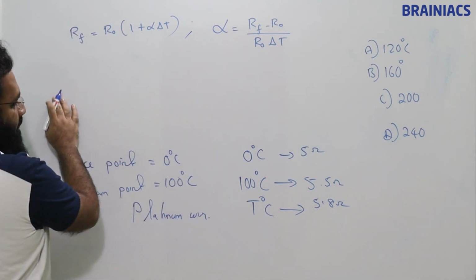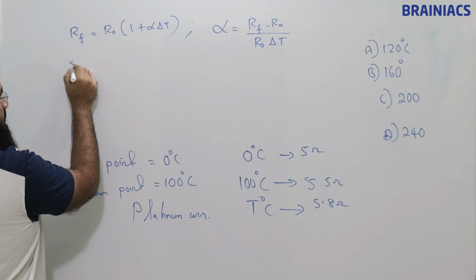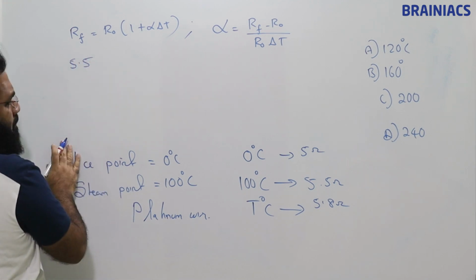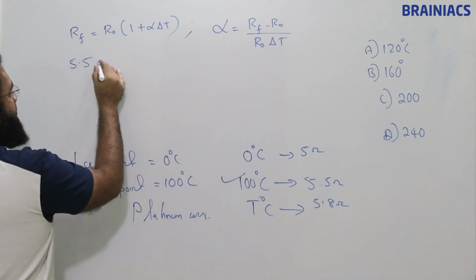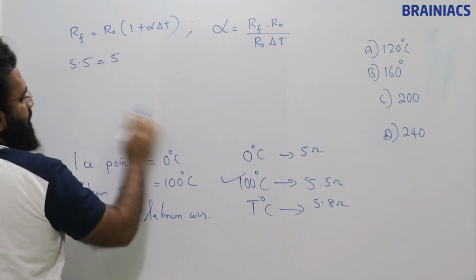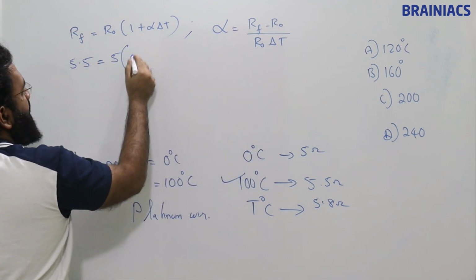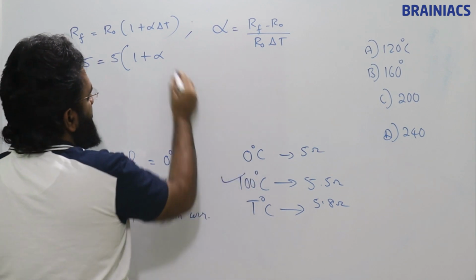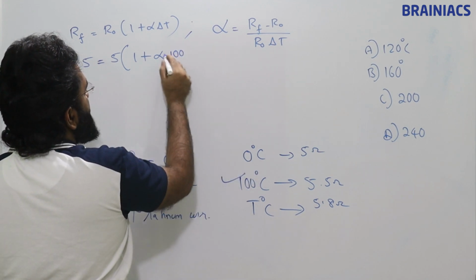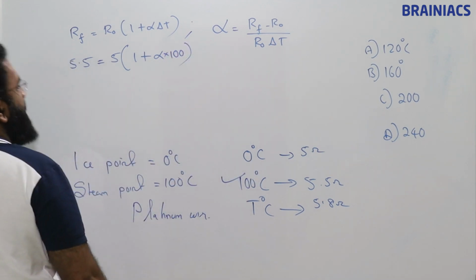So let's write one by one. First, 5.5 is the final resistance for the steam point, equal to 5 into 1 plus alpha delta T. So alpha into 100 minus 0, we will write it like this.